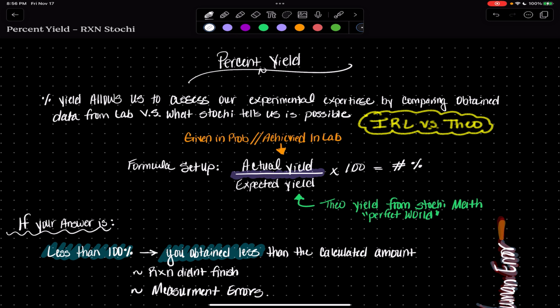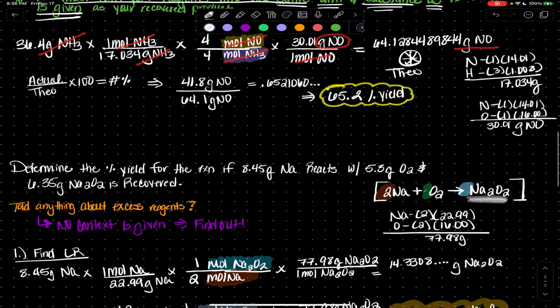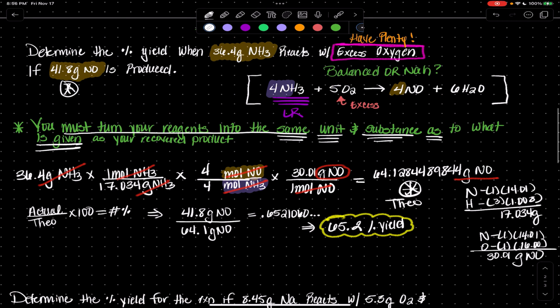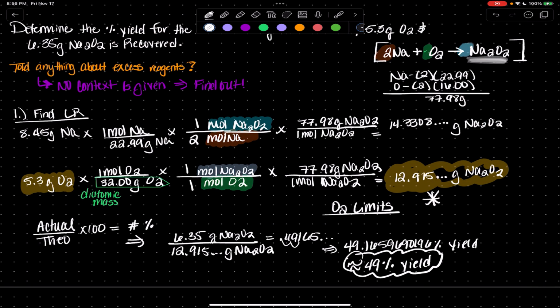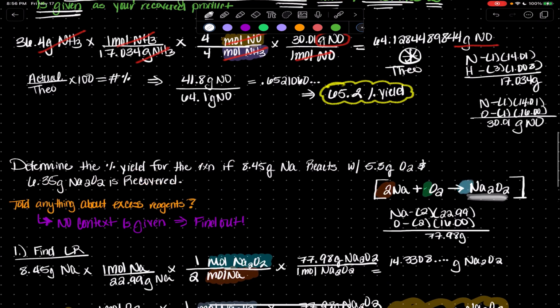We have to make sure we're answering the question. Because here, it got a little spicy because you weren't given any context. So you had to go forth and find it yourself. So make sure we're paying attention to the details we're given in the question so we can answer it appropriately. So you pick whatever your lesser grammage is because that's what limits. That's where we have to move from.